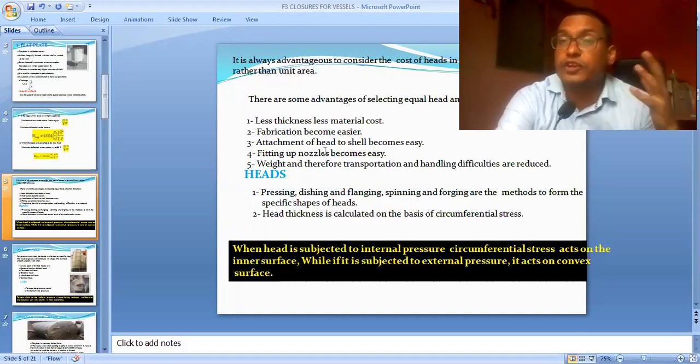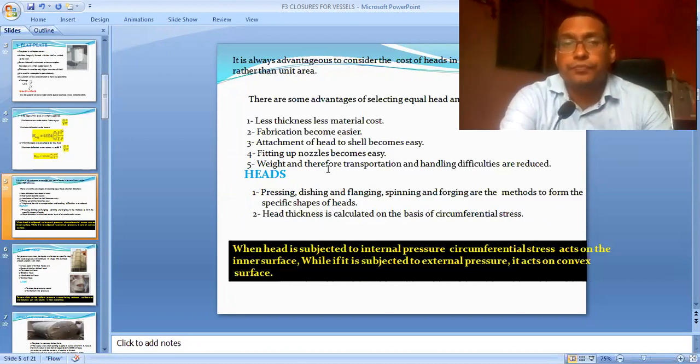Then fitting of the different nozzles, the inlet and outlet nozzles, which are to be fitted properly. Therefore you have to do welding and cutting. All these operations will cost less when you decrease the thickness. Then weight, and therefore transportation and handling difficulties, are reduced. So to avoid all these difficulties, the heads are specifically formed.